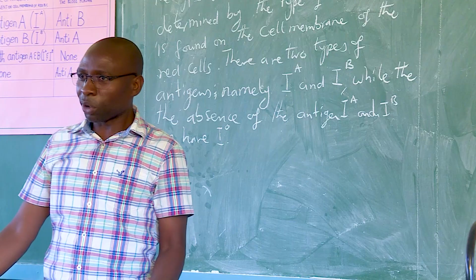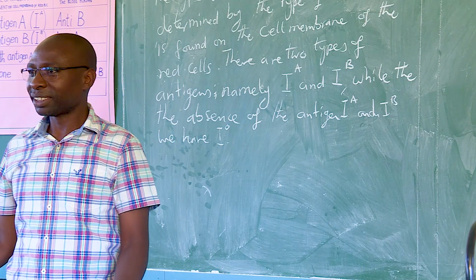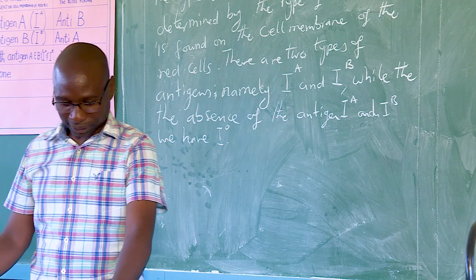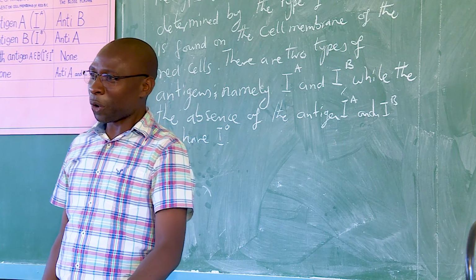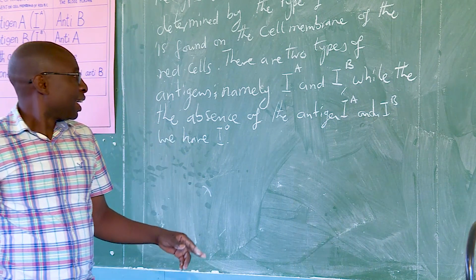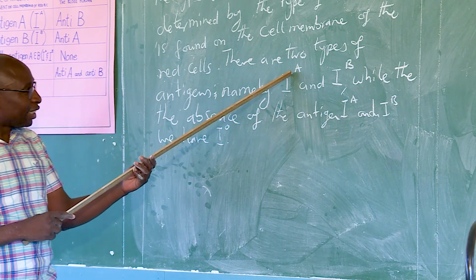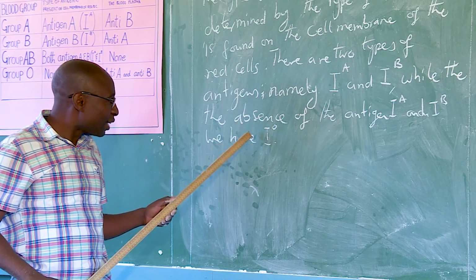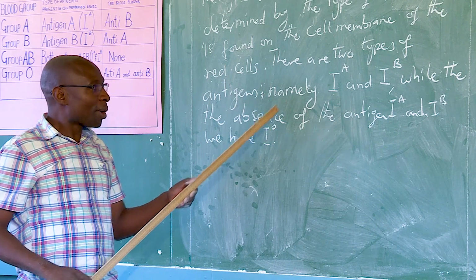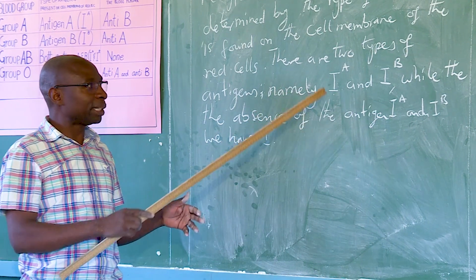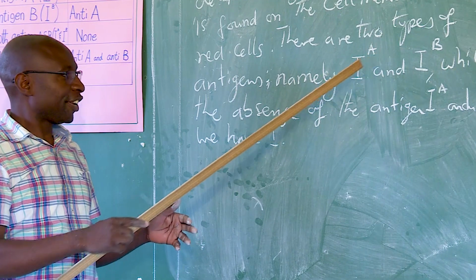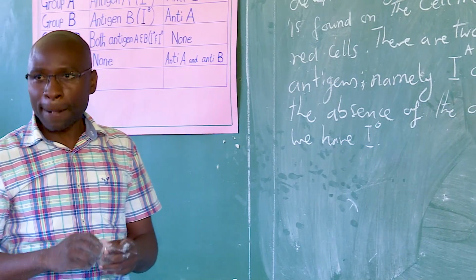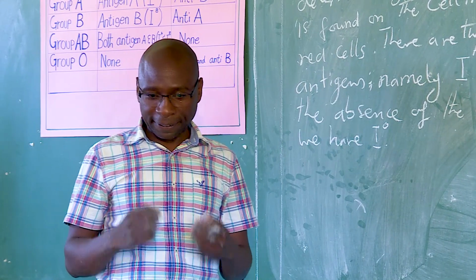Are these the only ones which are going to determine? Yes. Okay. So we have antigen A, antigen B, then we have the antigen O. Because of that, we have the system with the blood groups A, B, O. That's where we find the system which is known as the ABO blood system.